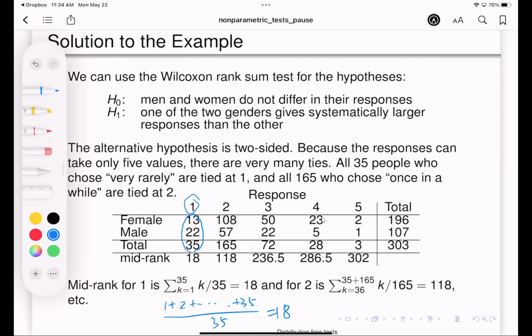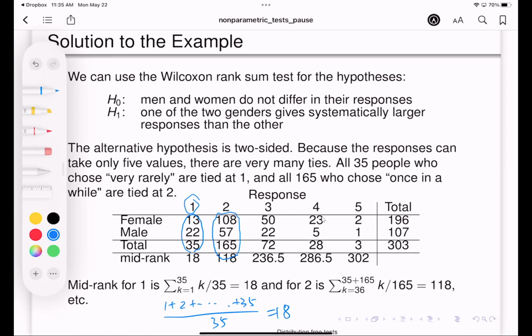And then for the 2, how many give response value of 2? That's 108 female, 57 male, total 165 of them. Originally we already have 35 of those receiving the first response.